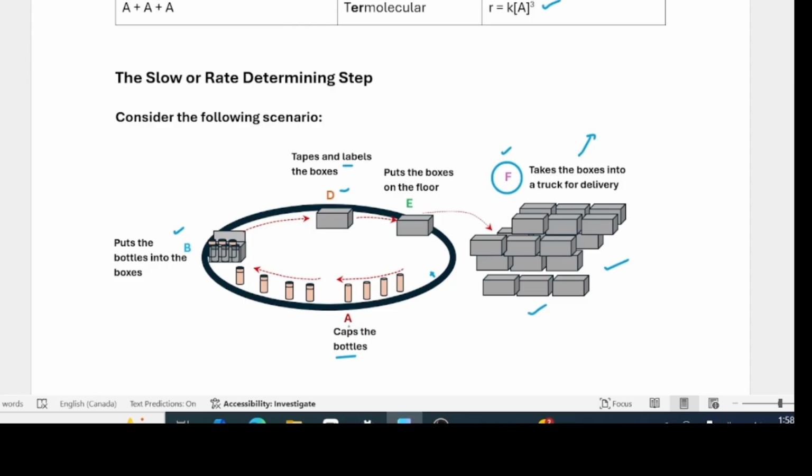Doesn't matter how quickly A caps the bottles, how quickly B puts them in the boxes, how quickly D tapes the boxes and labels them, how fast E puts the boxes on the floor. As long as this fellow here does not get the boxes placed in the truck so the truck can leave and deliver the goods, productivity will not be at the rate that is desired. So we can say that the slowest step is what is called the rate determining step.